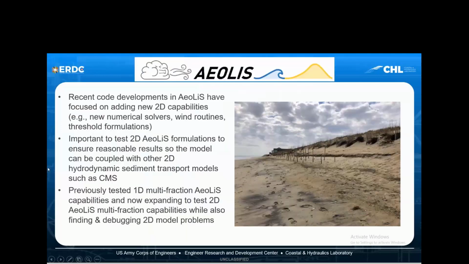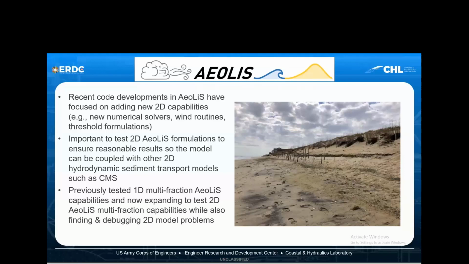So some of the more recent code developments in Aeolus have focused on the 2D capabilities of the model, so adding in new numeric solvers, wind routines, threshold formulations, and some surface moisture as well. We had previously tested these 1D multi-fraction Aeolus capabilities, and now we're expanding that to test some of the 2D Aeolus capabilities.